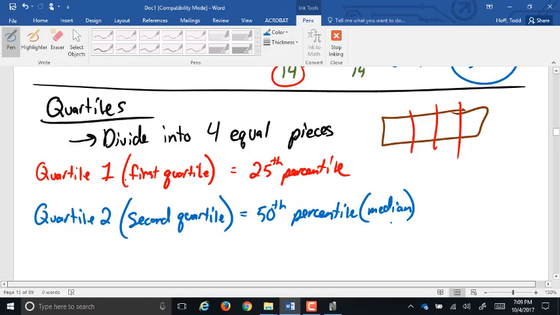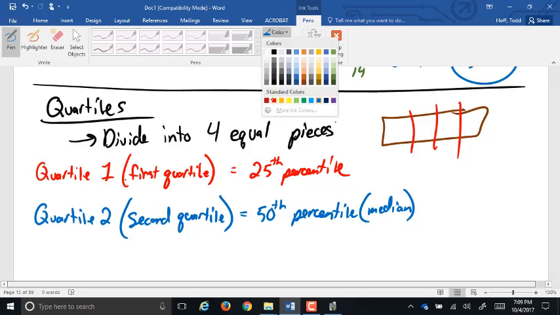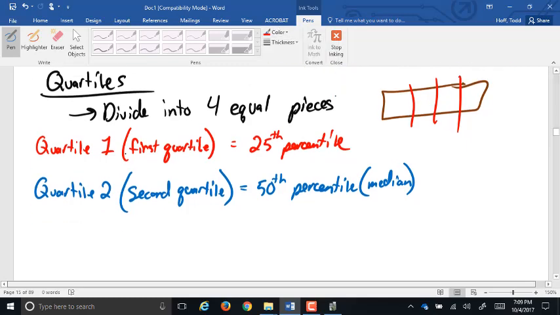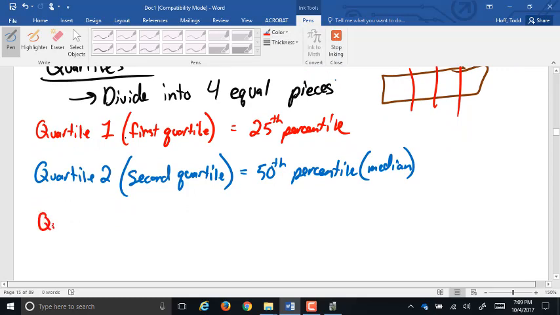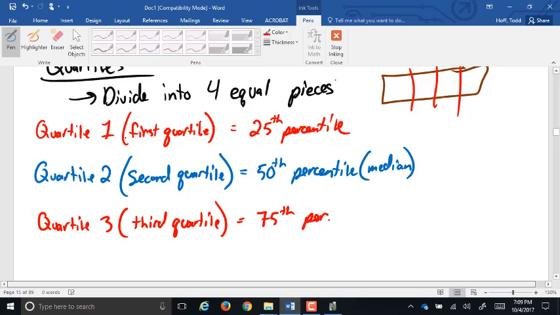So we almost never say find the second quartile, we say find the median. Quartile 3, or the third quartile. Anybody want to guess? 75th percentile. So it cuts the data into 4 equal pieces, each of them 25% of the data.